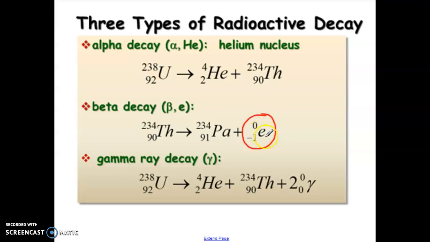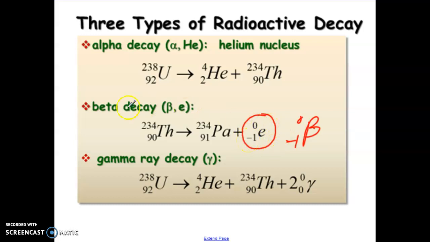It's a lowercase e, almost like an electron symbol, or it is a beta symbol from the Greek alphabet, which almost looks like a capital B with a little bit of a longer line on the left there. Okay, so this beta particle has 0 mass and a change to the atomic number of -1.